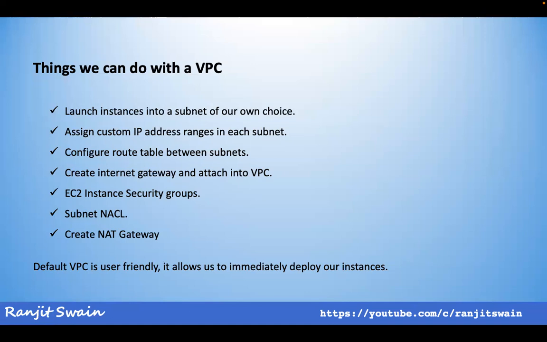But in our custom VPC, we have to do setups and configurations of our own choice. That is a little difficult because sometimes something will be missing which will break the networking. So we have to be very careful whenever we are doing the infrastructure setup or configurations for our own VPC or our own EC2 instances in the custom VPC.